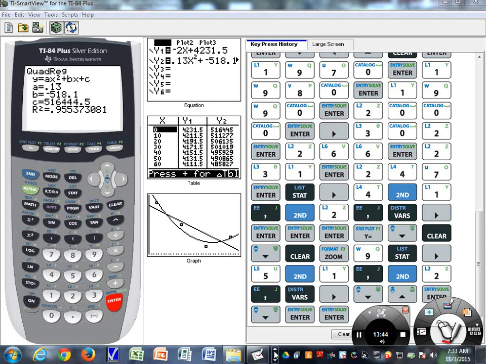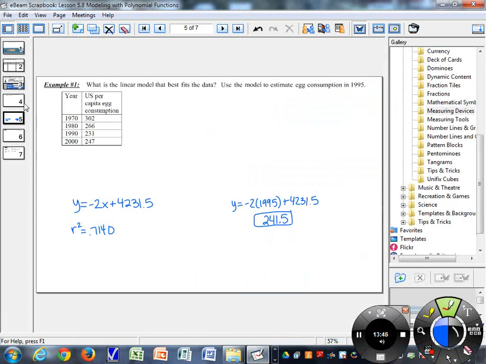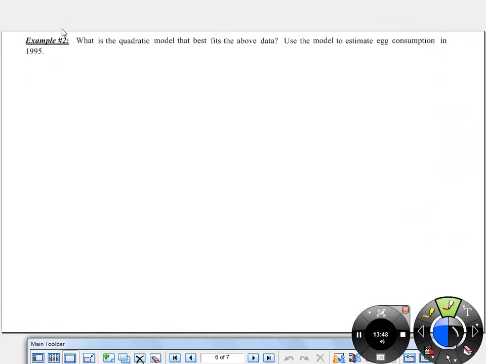So then in order to calculate what this is going to look like in 1995, I am taking my equation. So let me write down what that was. I'm going to make a note about my r squared value because I know in a future question I need to make a decision.